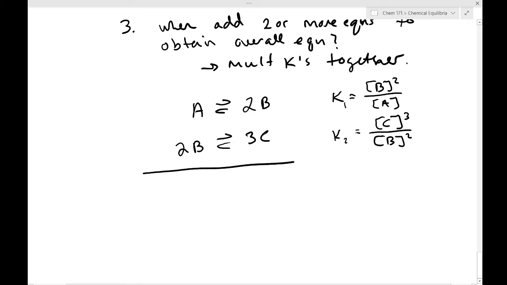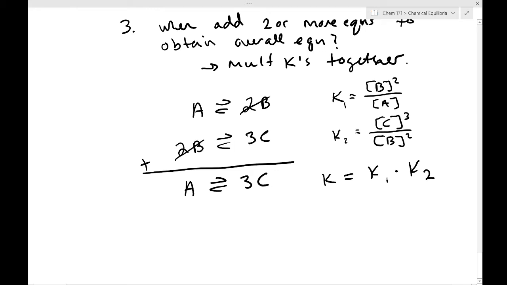Say that these are two elementary steps in a reaction mechanism, and I want to add them together to obtain the overall reaction. In this case, 2B cancels out, and I end up with A goes to 3C. That's the overall reaction. Now the equilibrium constant for this reaction is simply K1 multiplied by K2.